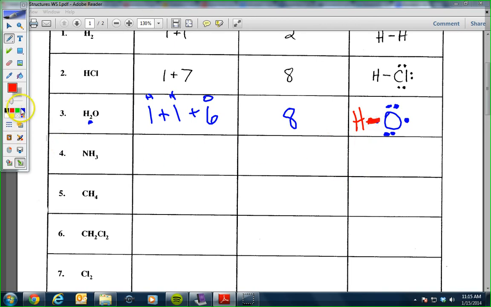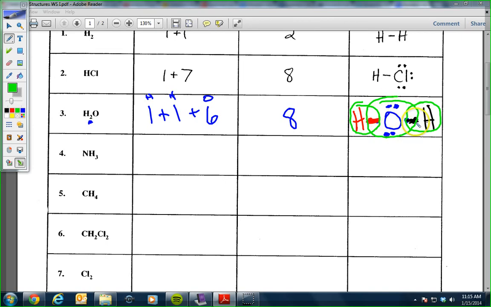If I then switch colors, and let's use black, if I put the other hydrogen right here, that now forms a bond. And now, using green, I hope you see that that hydrogen has 2, it's happy, that hydrogen has 2, and the oxygen has 8 around it. 1, 2, 3, 4, 5, 6, 7, 8.